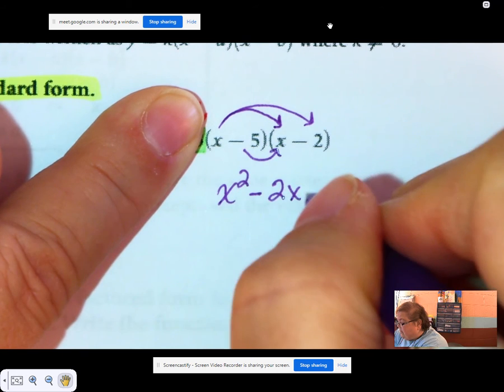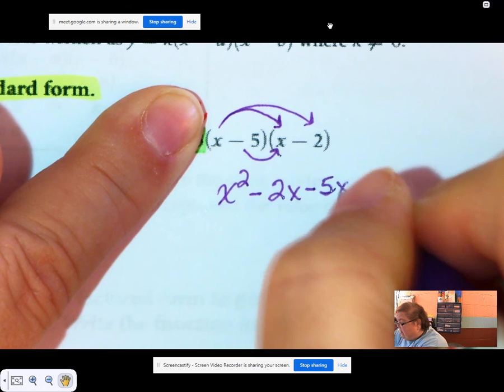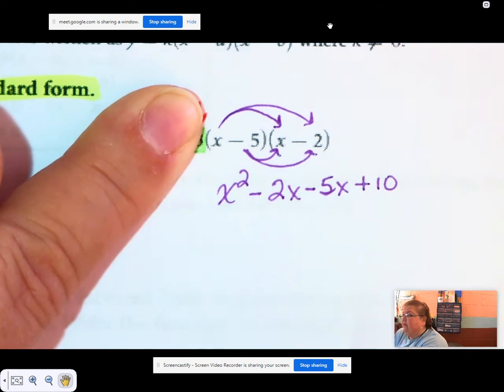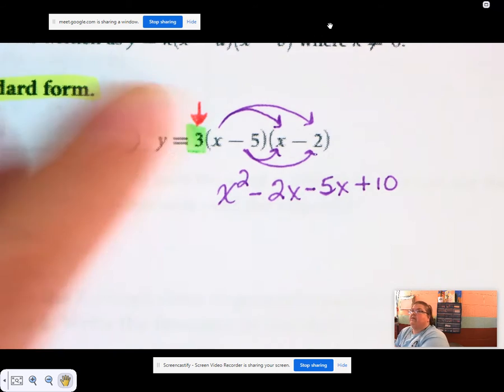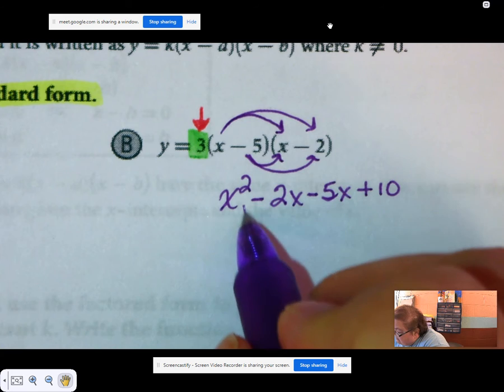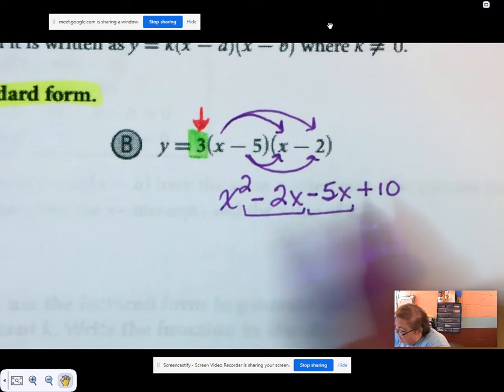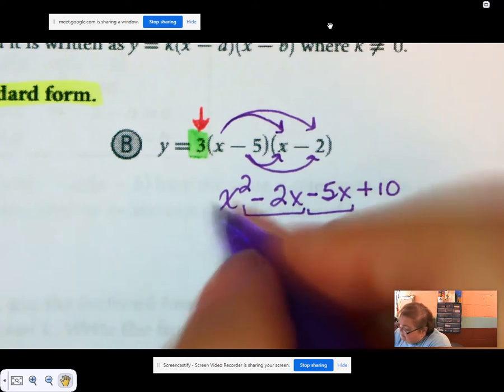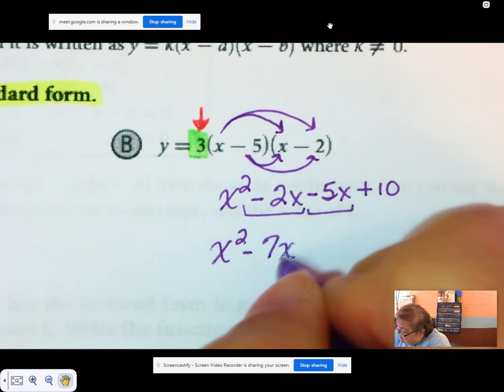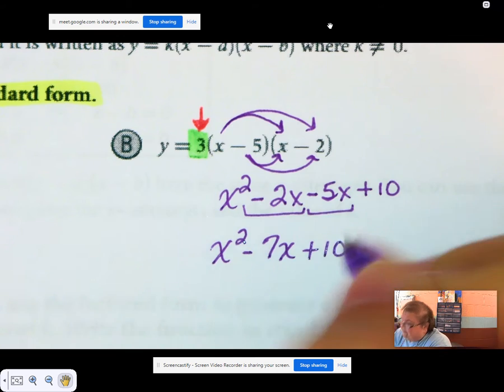Negative 5 times x is, negative 5 times negative 2 is a, there it is. Okay? Then, as always, we combine the like terms, and we get x squared minus 7x plus 10.